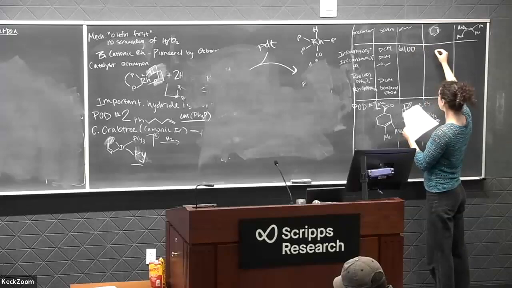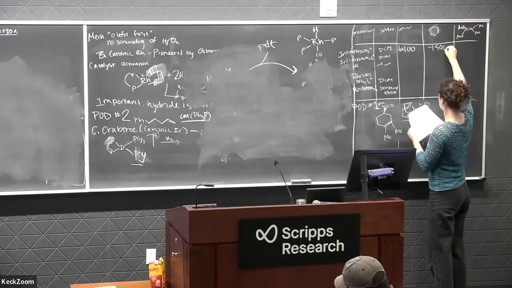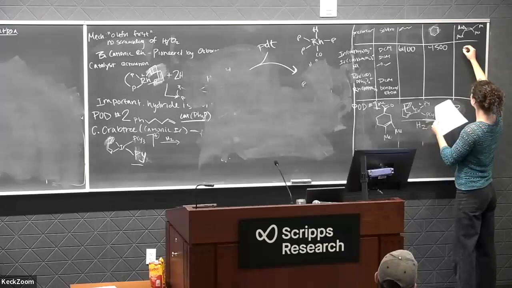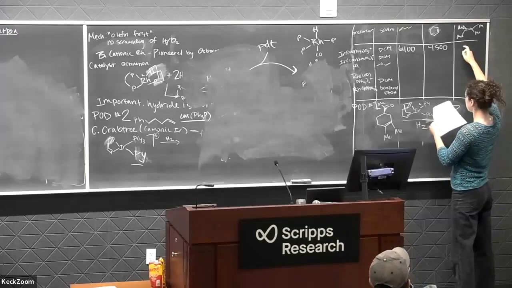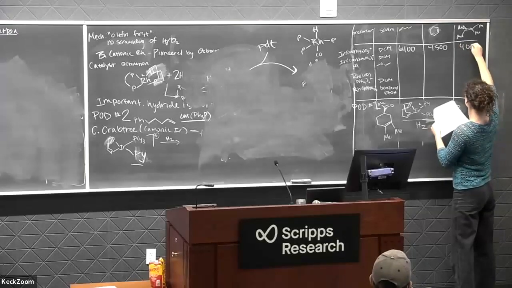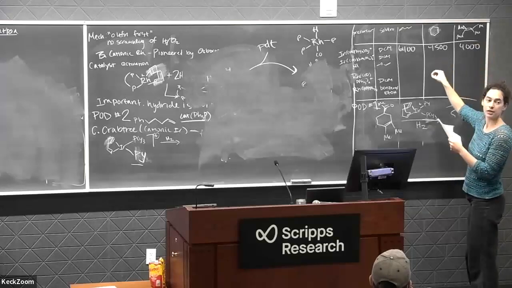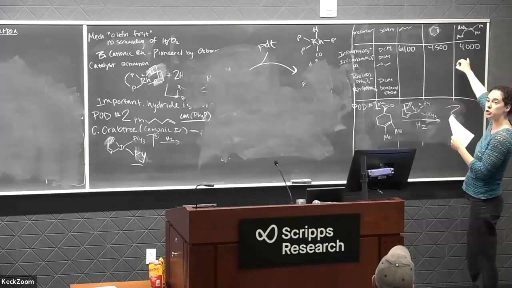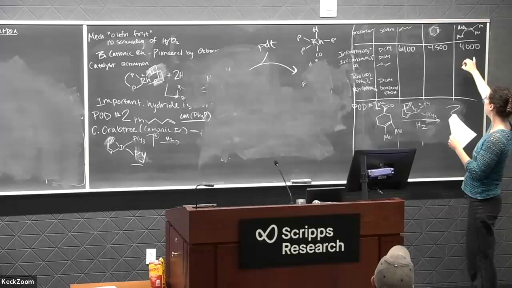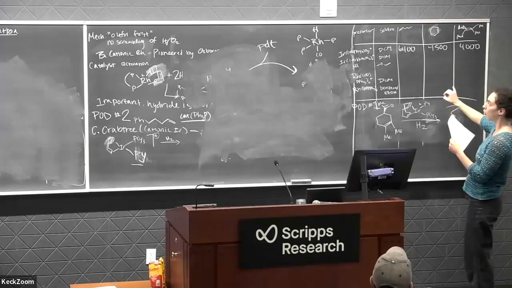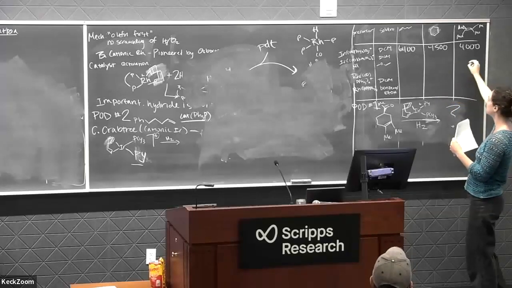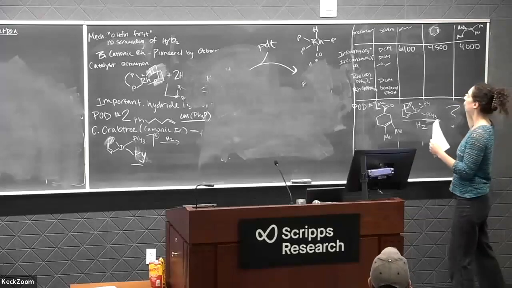For cyclohexene is 4,500, and for tetramethylethylene is 4,000. And this is at 0 degrees. So even with extremely hindered substrates that I will show won't work at all for most other pre-catalysts, this is extremely reactive.